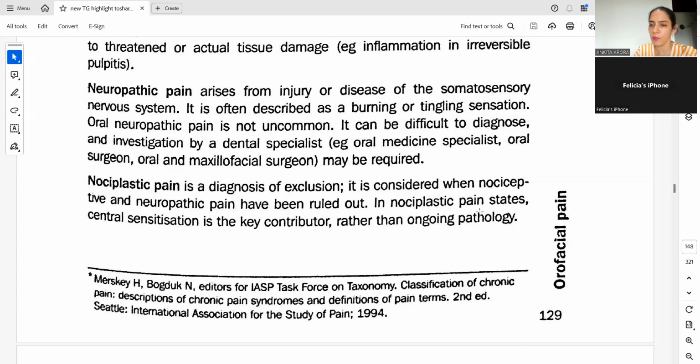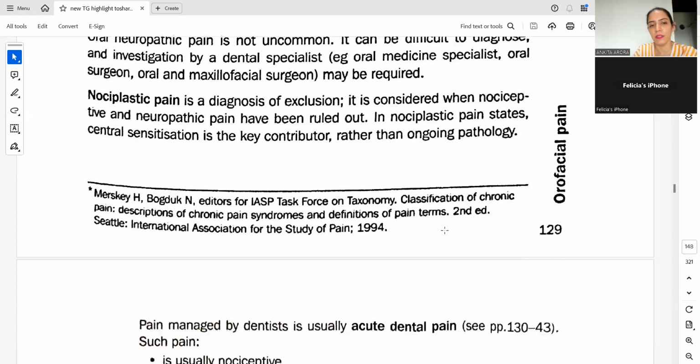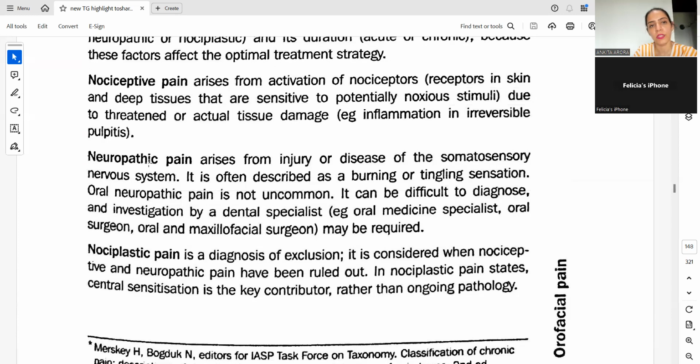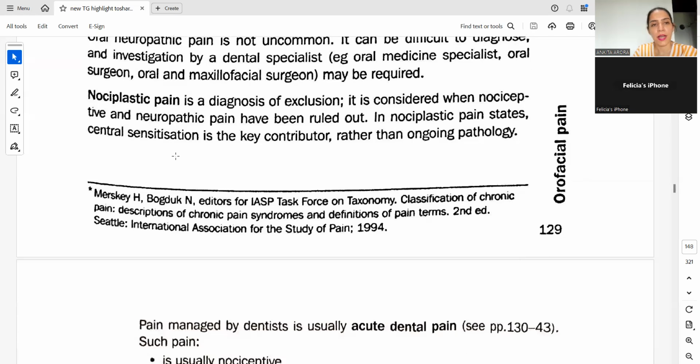In nociplastic pain states, central sensitization is the key contributor rather than ongoing pathology. So it is the rarer one. If we are not able to classify it as either nociceptive or neuropathic, we would go into nociplastic. And it is a diagnosis of exclusion.